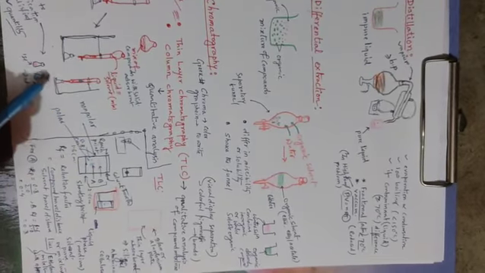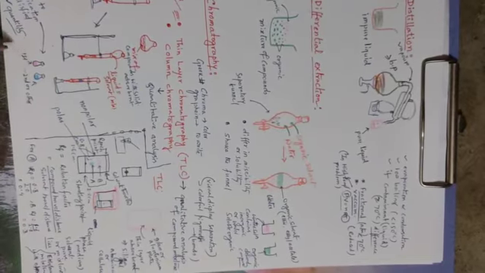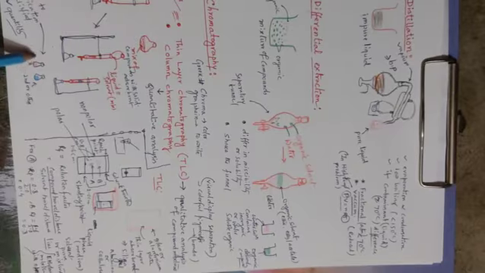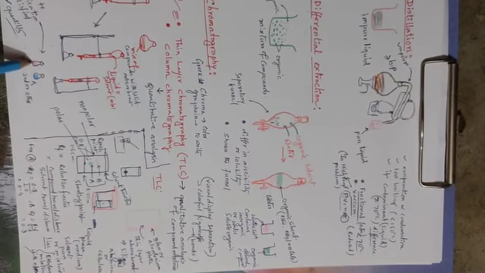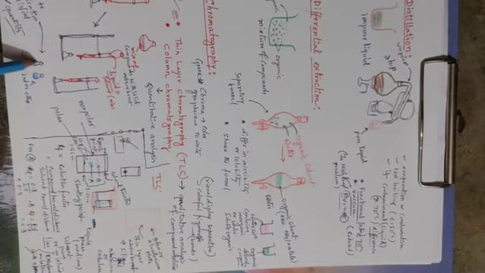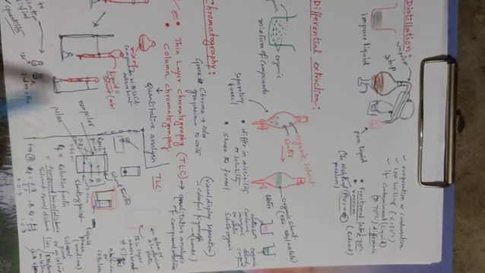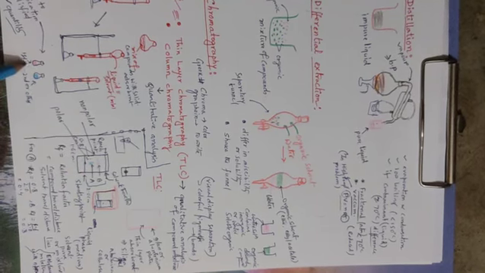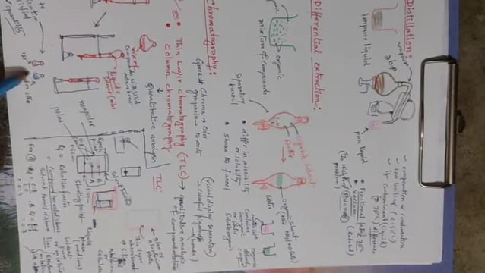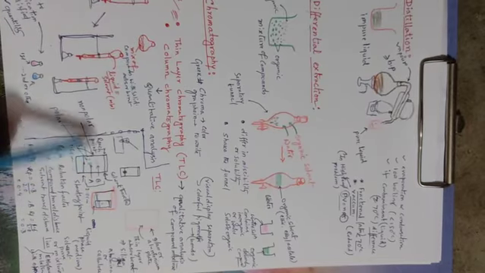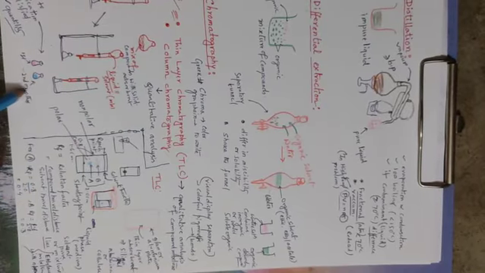So slowly, one by one, they come, and we can collect them separately as fractions. Here we are using conical flasks to collect. Compound B comes first, and after a few conical flasks, suppose in the second or third, compound A comes.